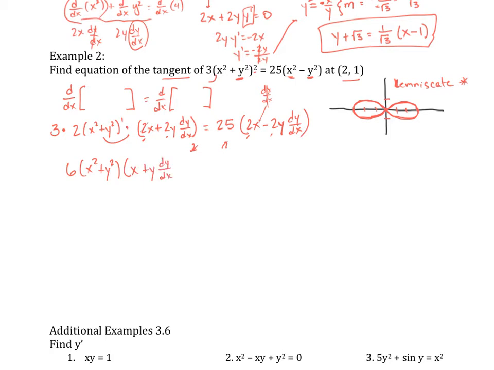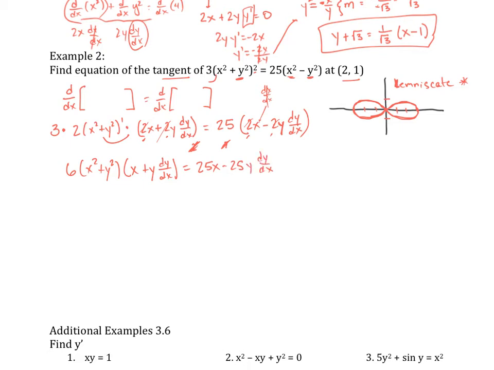I factored a 2 out of here, I factored a 2 out of there, and it canceled out of each side. I kind of saved myself a step there, so I don't have to write all that in detail for you. And now on the right side, I'm just going to distribute, so I'll get 25x minus 25y dy dx.